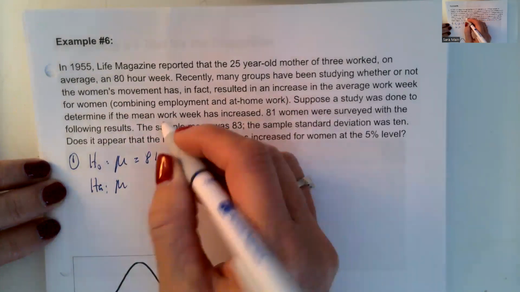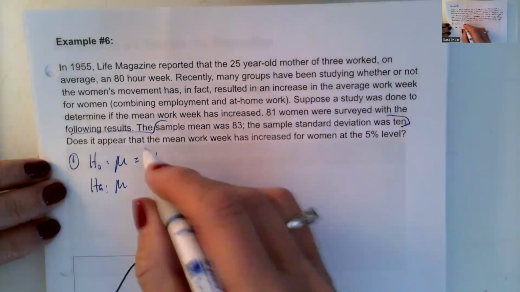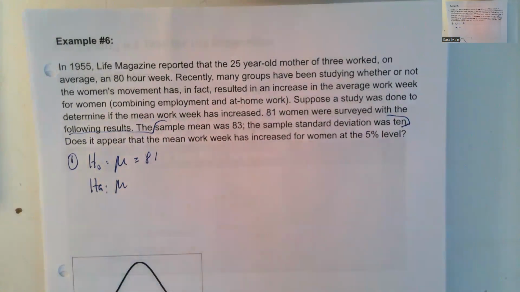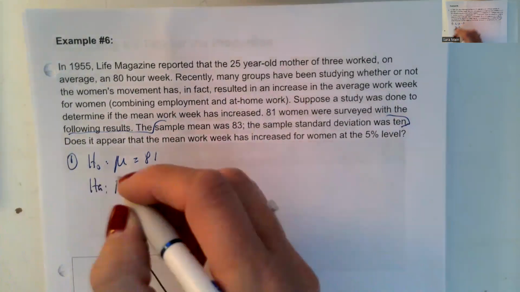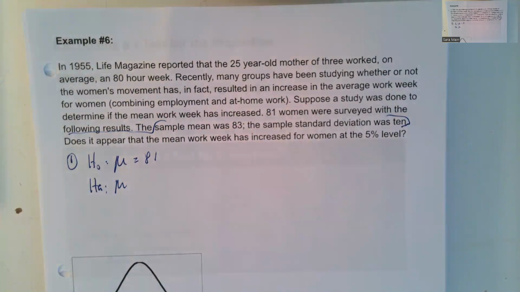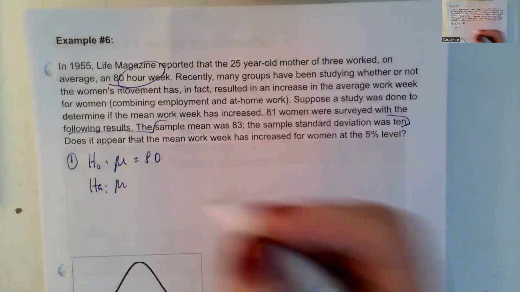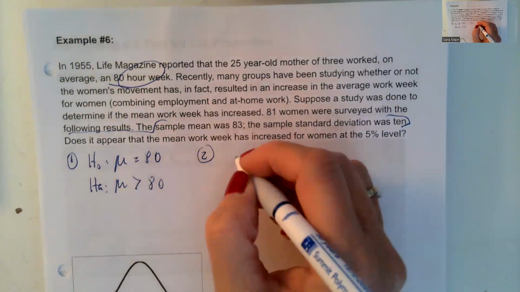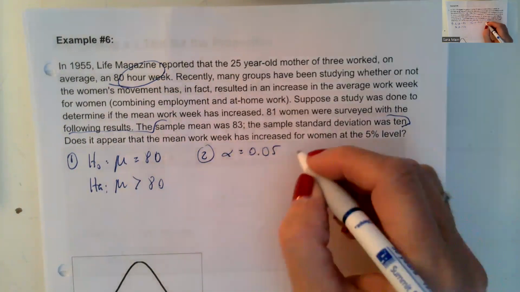Once it starts talking about the sample, remember, this is our evidence, so this is later in our test statistic. Oh, I'm sorry, 80 is the mean. 81 women is our sample size. They propose that it's more than 80. The alpha level of significance is 0.05 again.